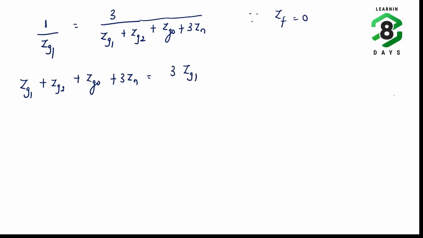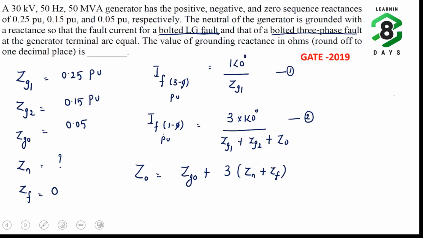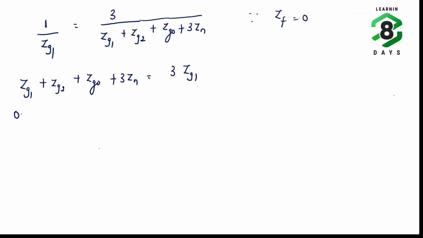If you substitute the values, we know Zg1 is 0.25, Zg2 is 0.15 and Zg0 is 0.05. So we get 0.25 plus 0.15 plus 0.05 plus 3 times Zn is equal to 3 into 0.25.